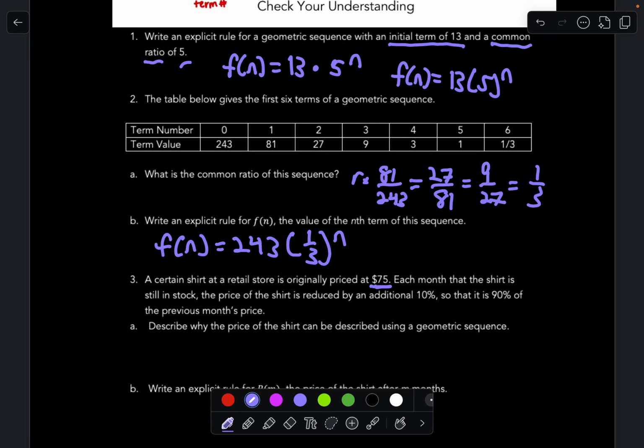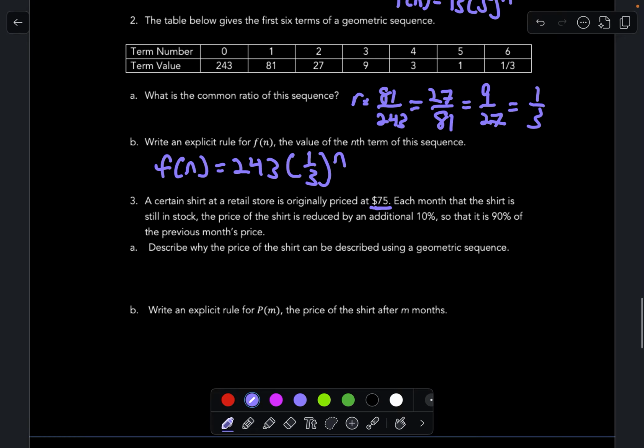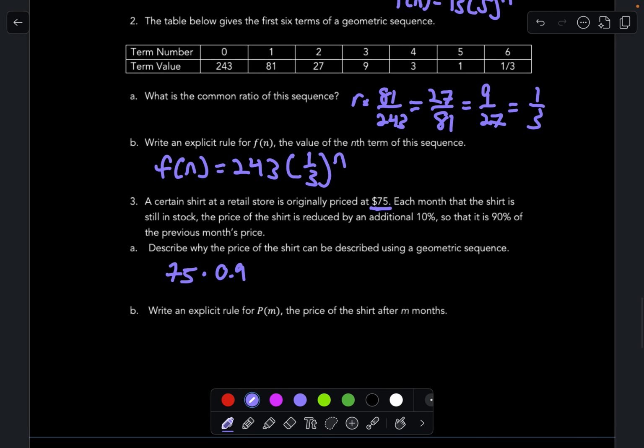Describe why the price of the shirt can be described using a geometric sequence. Well, that's because you're starting with the original price of 75, and then you're going to multiply by 0.9, that's 90%, times 0.9, again 90%. You would just keep doing that. So it's repeated multiplication.